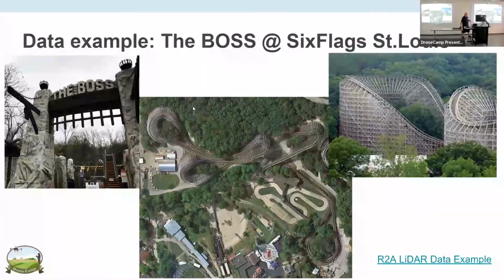And it's a wood roller coaster, so it's all this really intricate wood structure with cross bracing and lattices. It's very complex, right? So if we did a photogrammetric study of this, we'd get this smooth shape, right? The photo would look like that, but the 2.5D model would not look like that.